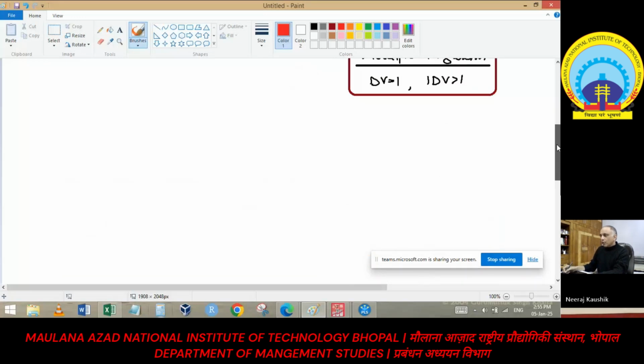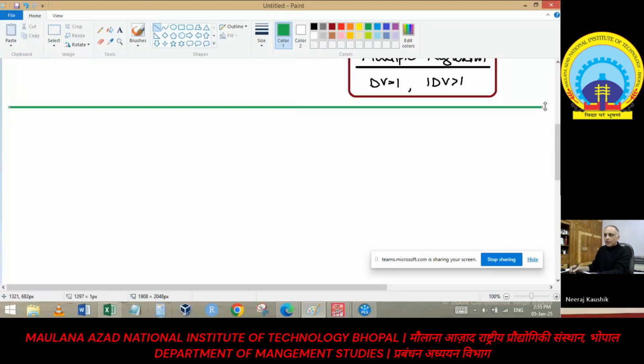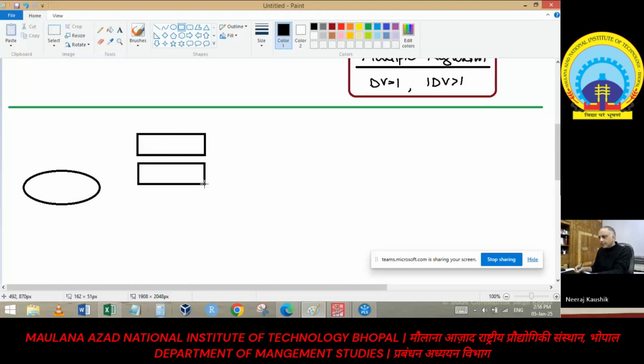Now, let me go ahead and ask you a couple of questions here. If I make a diagram like this, there is a construct, satisfaction. Satisfaction has 3-4 items, and it's a reflective construct. So the meaning of a reflective construct is that an arrow will be there.